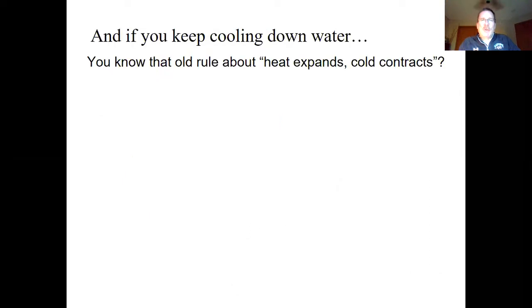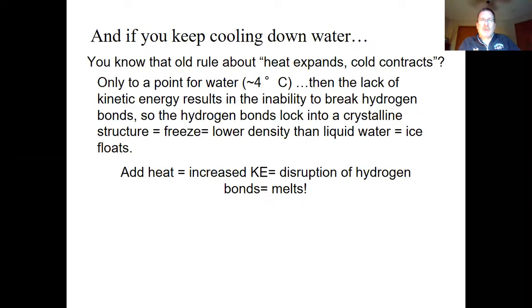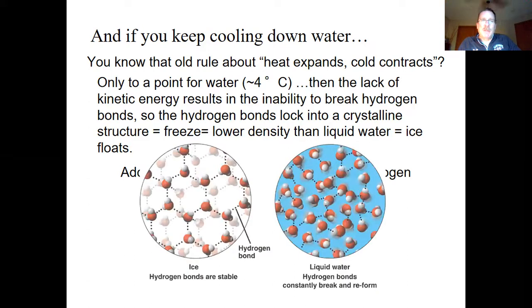If you keep cooling down water, you know that old rule, heat expands, cold contracts, only to a point for water. At about 4 degrees Celsius, then the lack of kinetic energy results in the ability to break bonds, so the hydrogen bonds lock into crystalline structure, freeze, and have a lower density than liquid water, ice floats. Okay? Add heat, increase the kinetic energy, disrupt the hydrogen bonds, and it melts. You break those bonds, the molecules start separating away.